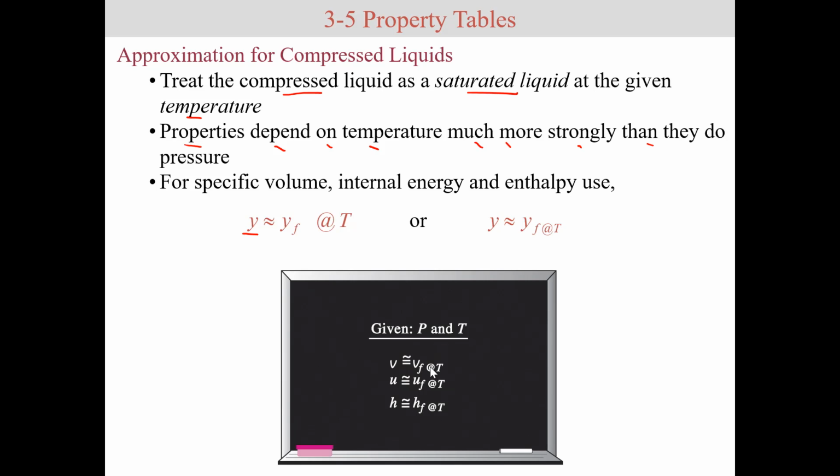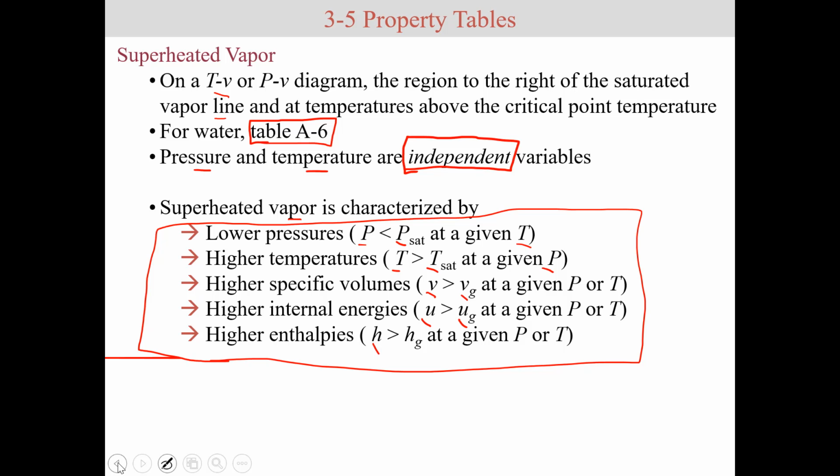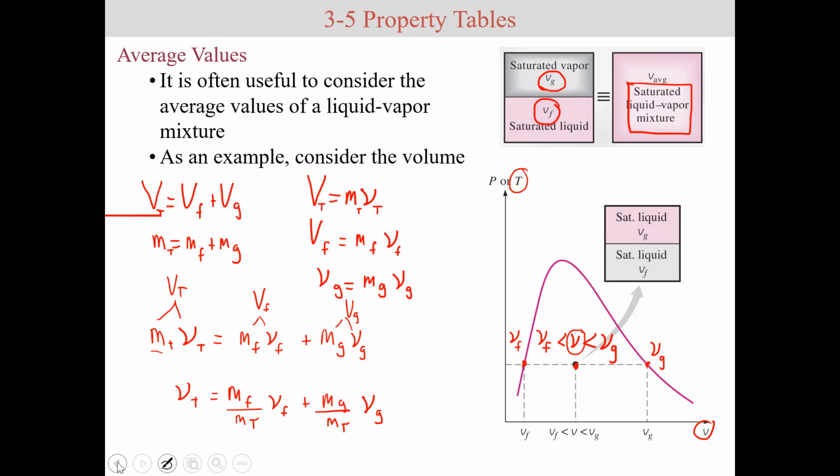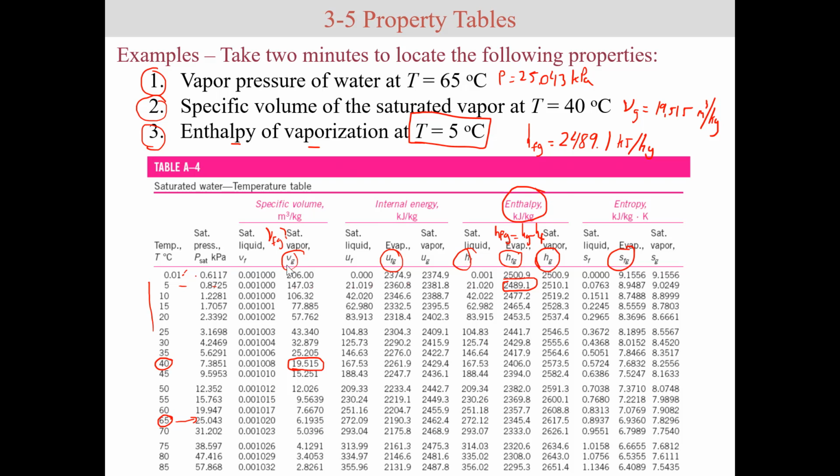All right, so what does that basically mean? That means that I can, for example, let's erase this and show you an example of what I mean. I can assume that the specific volume of a compressed liquid at any pressure at 20 degrees Celsius is going to be equal to this, right?